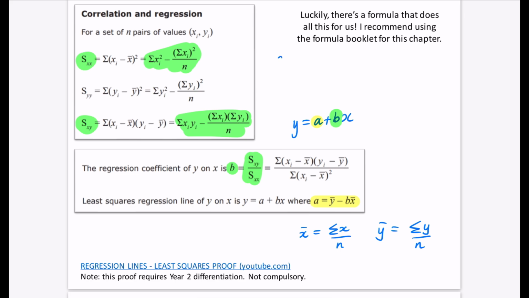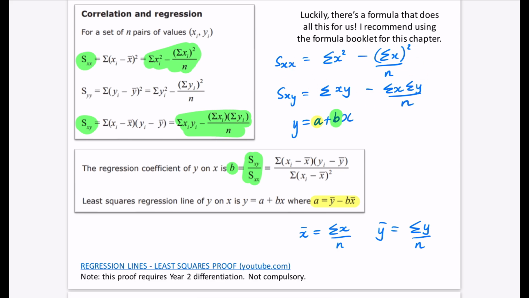So you'll probably use versions that look like this: Sxx is the sum of the x values all squared minus the sum of the x values squared divided by how many there are. And then Sxy is going to be the sum of xy, that's from this part down here, and that's going to be subtracting the sum of x times the sum of y divided by n, just this part that we've got.